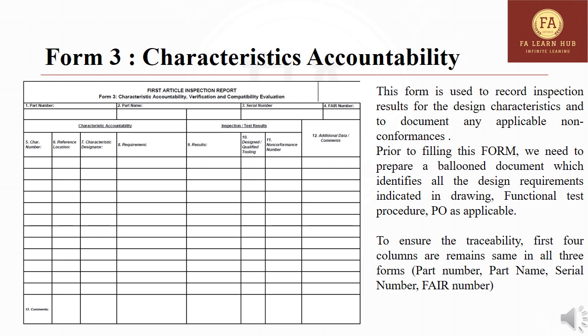That means part number, part name, serial number, FAI number. As I indicated in my previous slide also, all three forms have four columns: part number, part name, serial number, and FAI number. This is for traceability. We have to fill these columns the same as in Form 1 and Form 2.